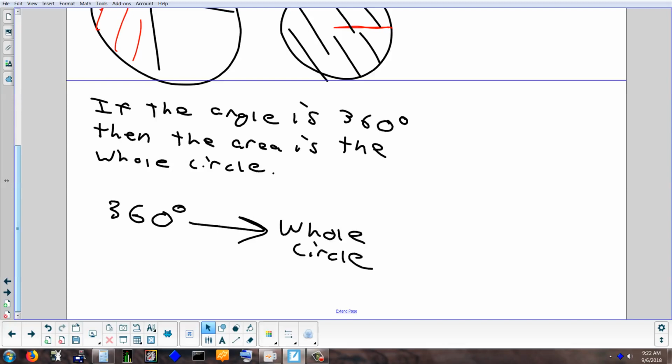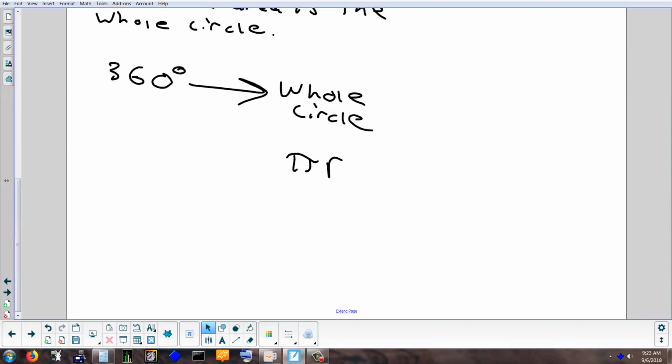We just need to figure out or remember what the formula is for the area of a whole circle. Does anyone remember what the area of a circle is? Yep, pi r squared. Now, we want to stick with radians again.